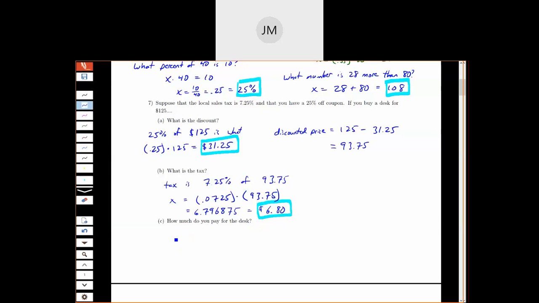We're going to take the discounted price and add in the tax. So we take $93.75 and we add $6.80. Okay, so we get $100.55.